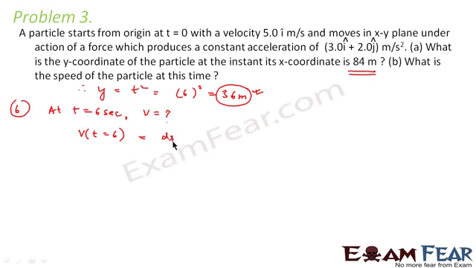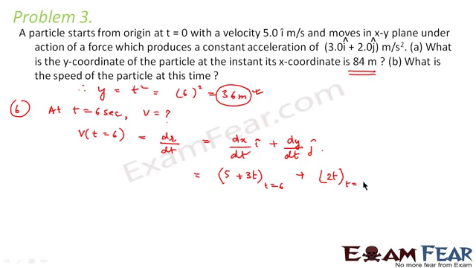So this will again be dr by dt. So that will be dx by dt I cap plus dy by dt j cap, right? So this will be nothing but 5 plus 3t at t is equal to 6, and this will be 2t at t is equal to 6.